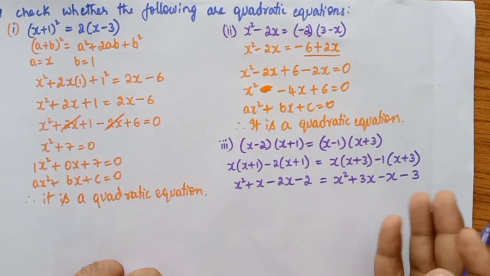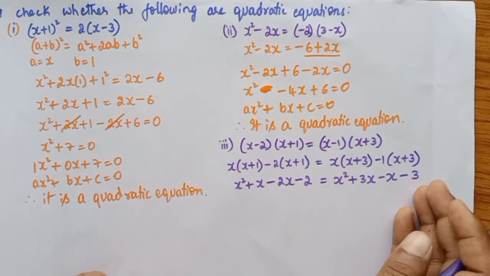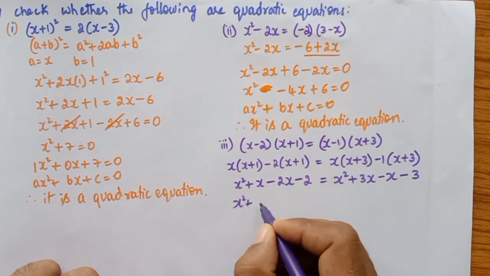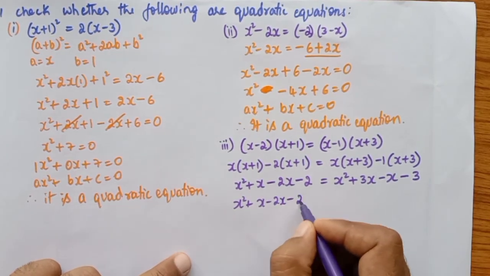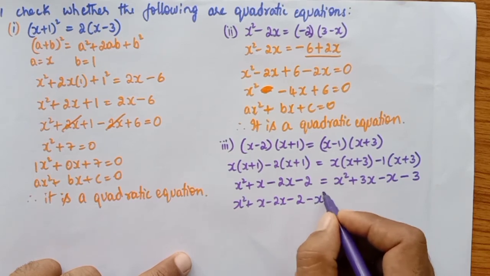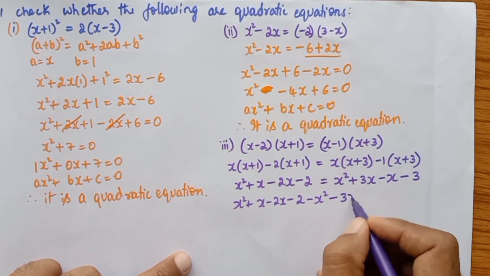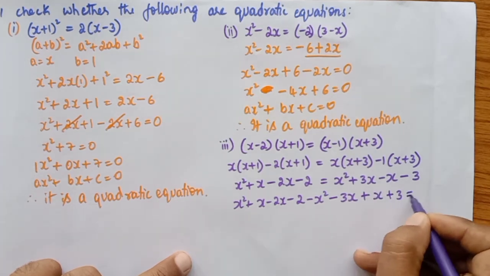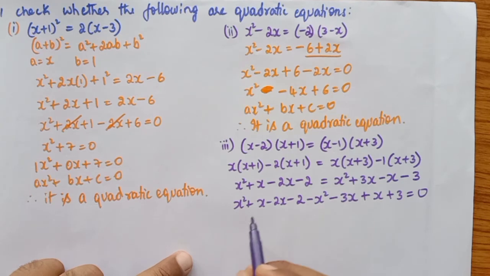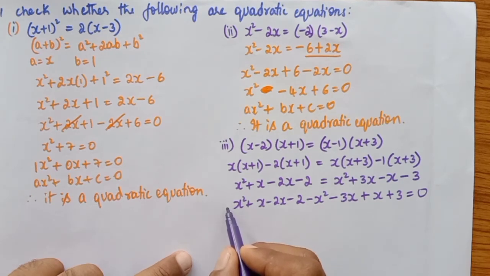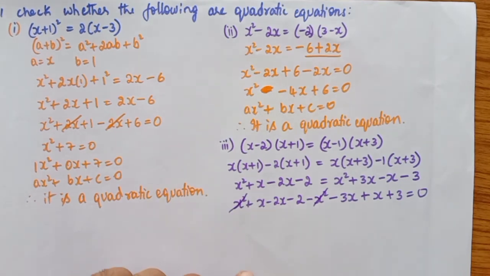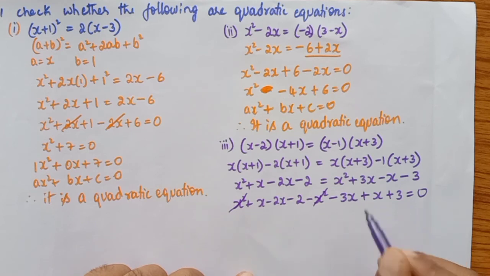When we shift all the RHS terms to the left hand side, x square plus x minus 2x minus 2, now I am shifting minus x square minus 3x plus x plus 3 is equal to 0. You see here x square is there, this one is plus x square, whereas here minus x square. Plus x square minus x square cancels. So what I think is, there is no need of further solving this problem.